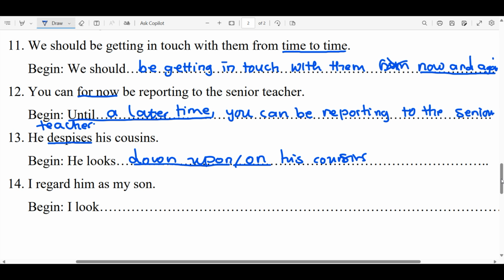Number 14, the last one. I regard him as my son. So say I look on him as my son. I know maybe one is thinking, okay, what if we say I look at him? Look at him is like showing someone the direction, but this one is giving us the idea that this person considered this person as his or her son.